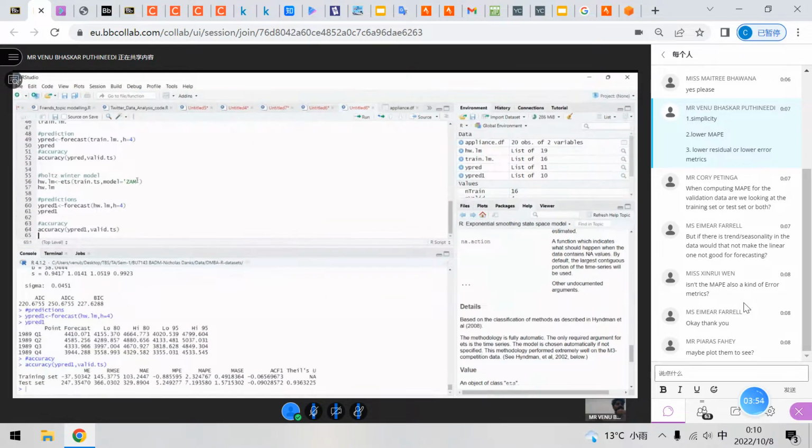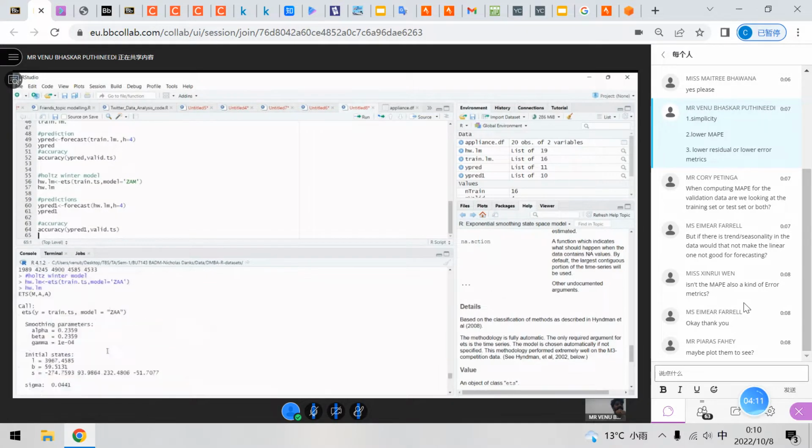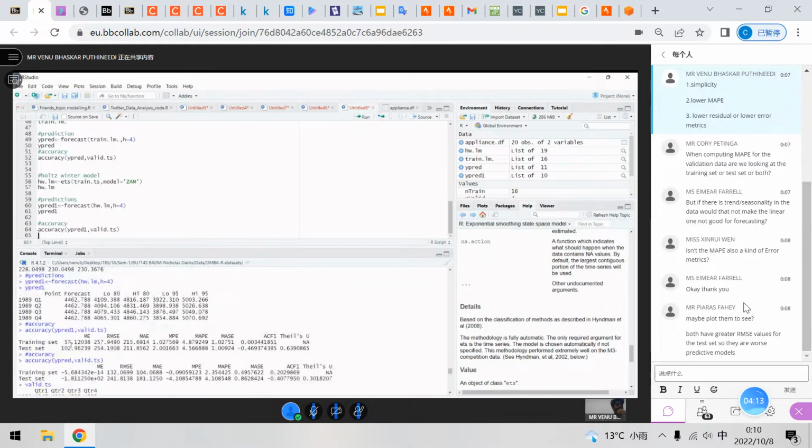So what is happening? When you are changing the parameters for the ETS model, it is understanding the training data very well. The RMSE scores are getting better. For example, here initially the RMSE score for this is 257.